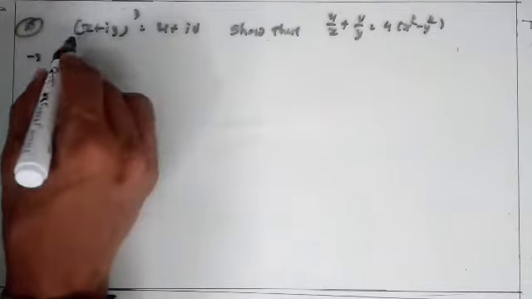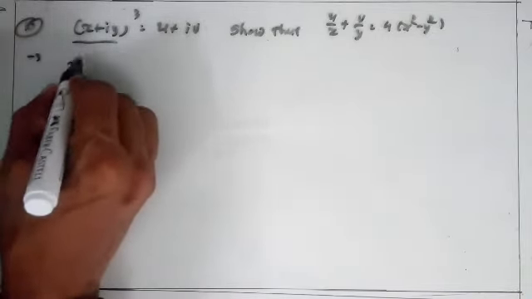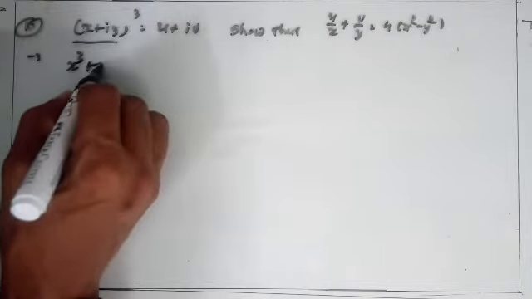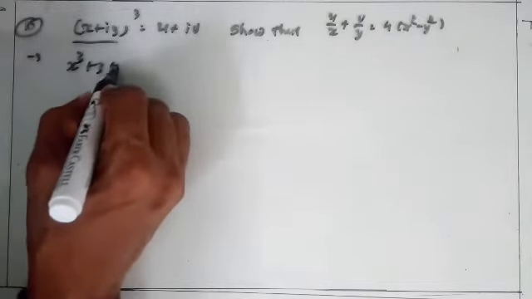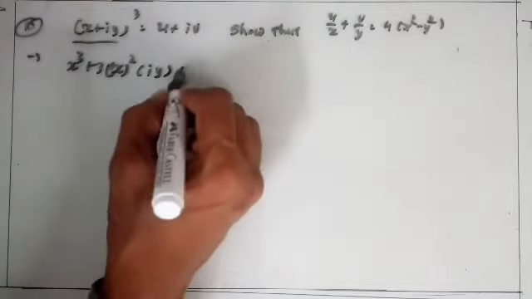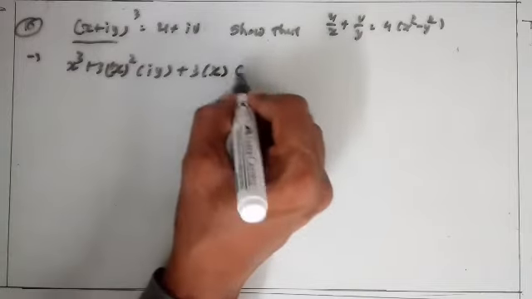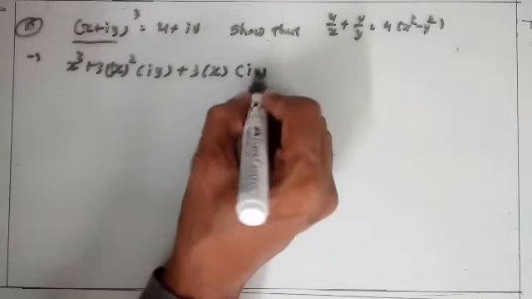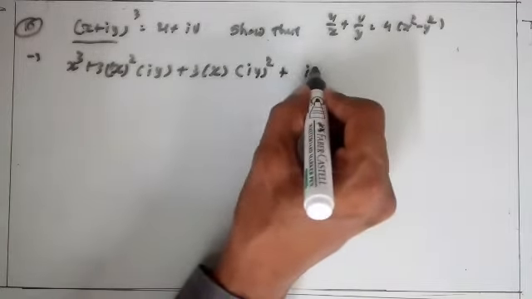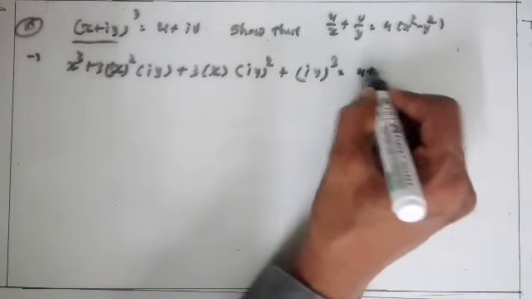Here simplify this. (x plus iy) raised to 3 is equal to x raised to 3 plus 3 into square of first term x raised to 2 into iy, plus 3 into first term into square of second term (iy) raised to 2, plus (iy) raised to 3 is equal to u plus iv.